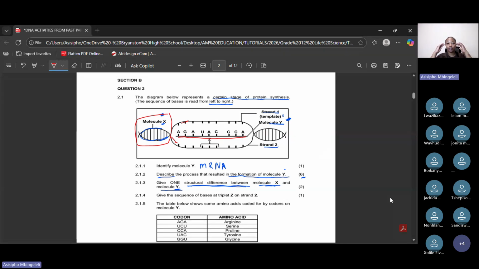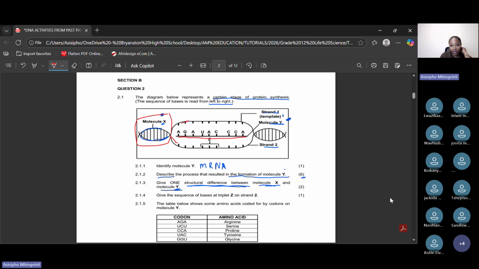Okay, so when you see the word molecule, you must think of only two things, DNA, RNA. And remember in RNA, we then have the messenger RNA and the transfer RNA. So when you see molecule X, do you think it's DNA or RNA? When you see molecule Y, do you think it's DNA or RNA?